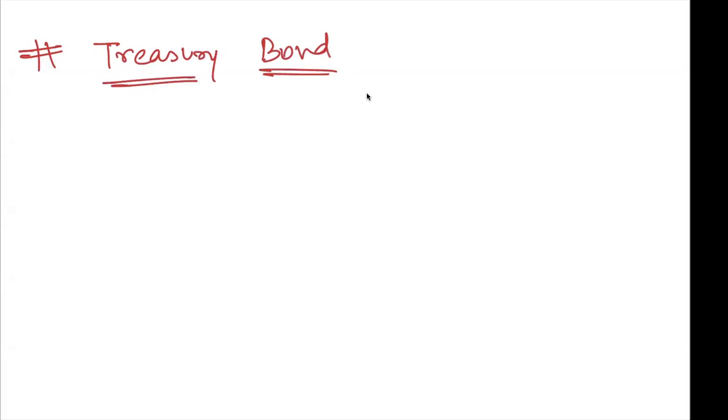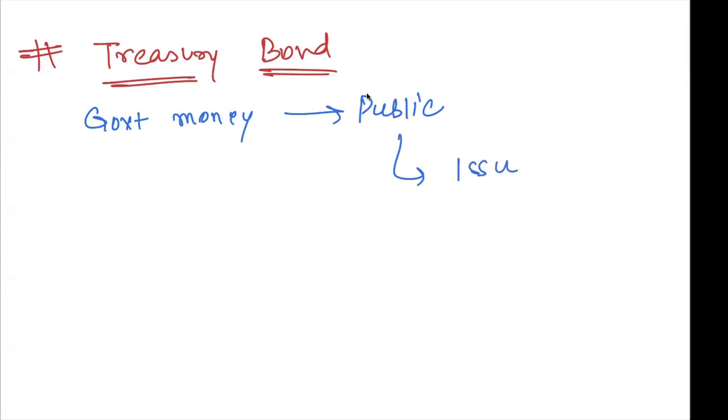All right. Now this is where the best part arrives, which is bonds. First, what is a treasury bond? Can you all tell me? Let me tell you. If the government wants money from the public, they will issue a treasury bond.